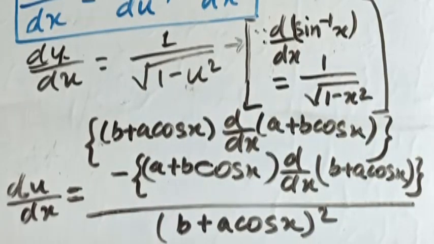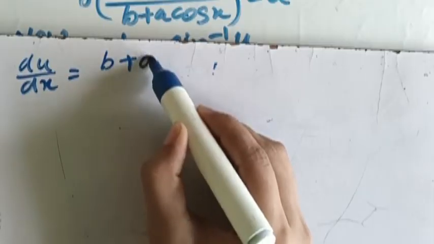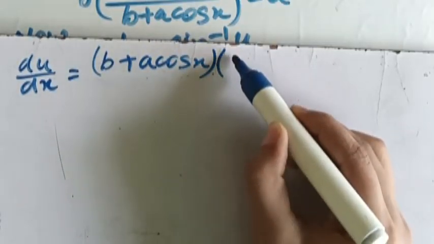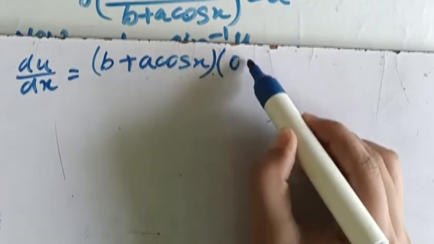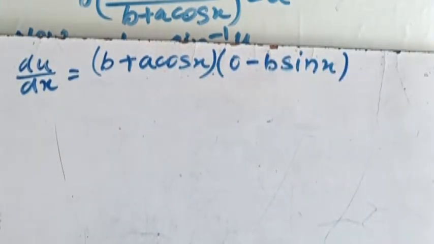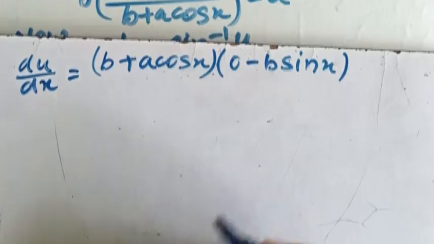So write the first function as it is, b plus a cos x, into differentiation of a, which is 0, minus b sin x, as differentiation of b cos x is minus b sin x, because differentiation of cos x is minus sin x, right?